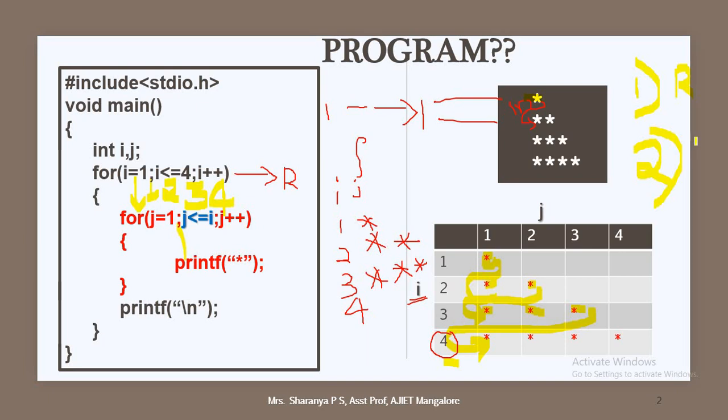For printing purposes we have written the second for loop, and the major printing we are doing is printing the star onto the output screen. And finally we have written this \n to give a newline character after printing each row. This is how this pattern is printed onto the output.